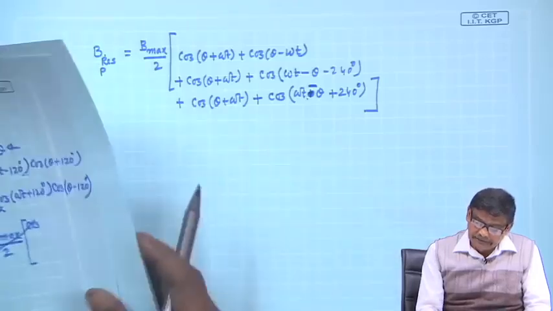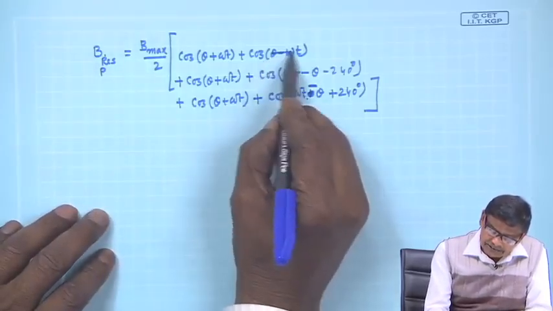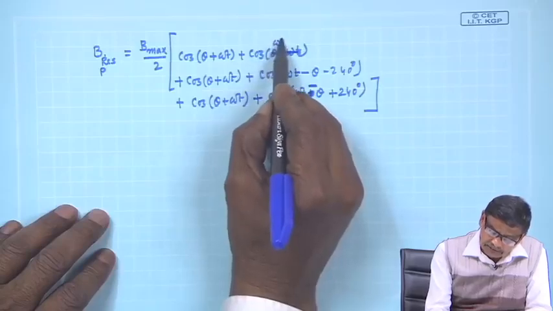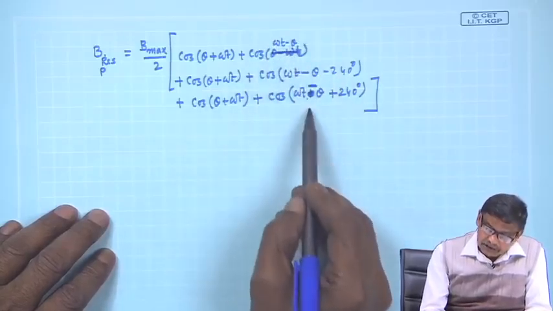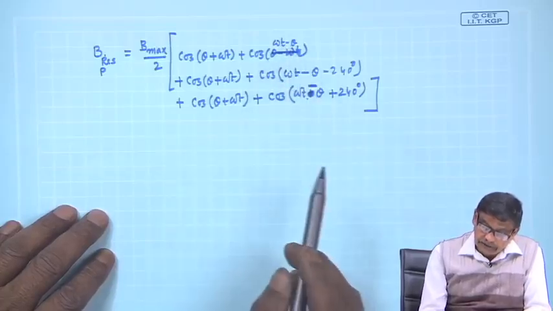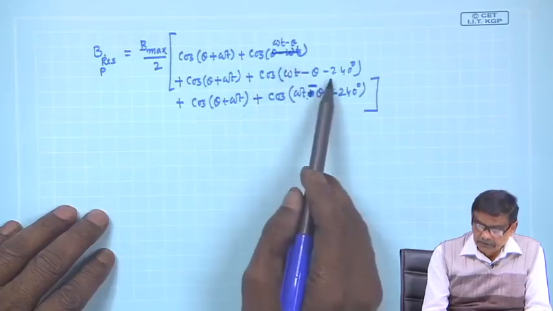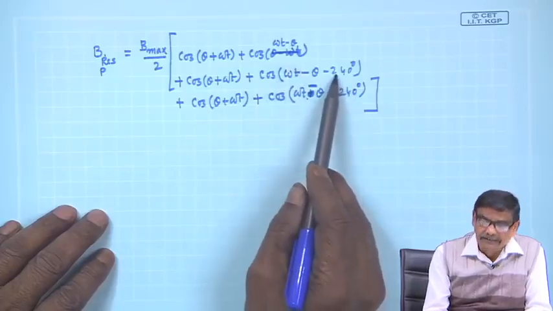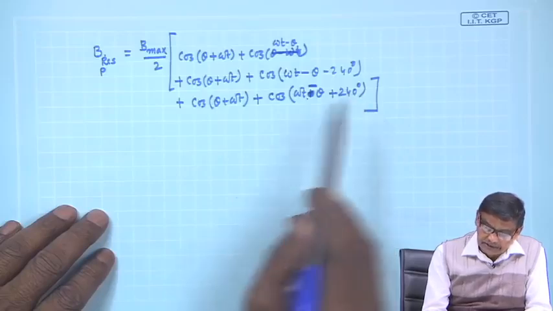Now, these terms if you look at, this is theta minus omega t, which is the same as omega t minus theta, the first term. So, these three will always add up to 0, because they are phase displaced by 240 degree, means 120 degree. You can add 360 degree here and you can subtract 360 degree here.